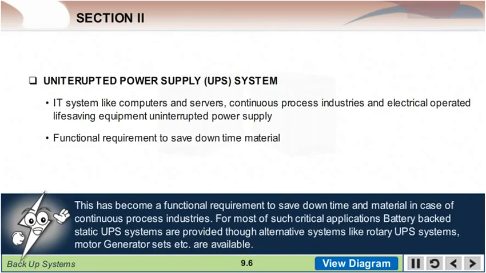This has become a functional requirement to save downtime and also material in case of continuous process industries. For most of such critical applications, battery-backed static UPS systems are provided, though alternative systems like rotary UPS systems, motor generator sets, etc. are available.